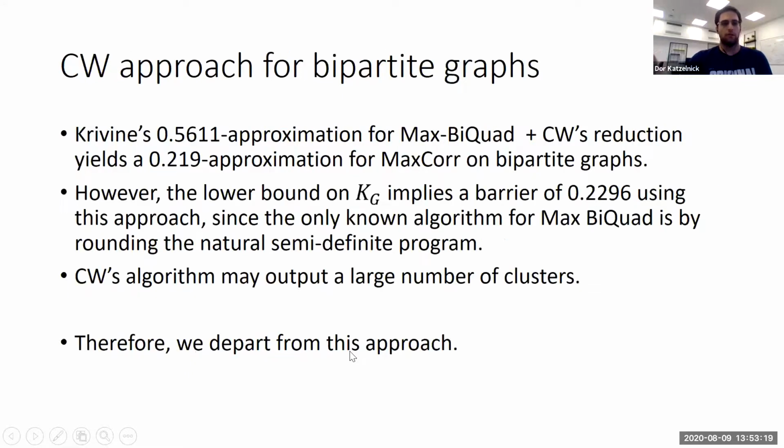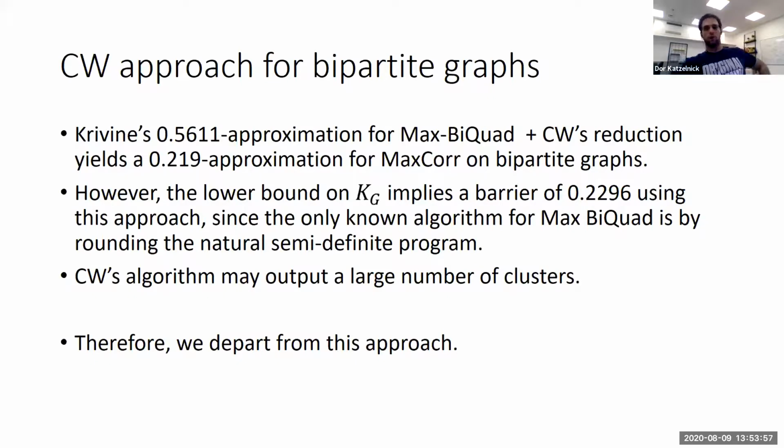Okay, so let's try to use this approach for the problem of MaxCorr on a bipartite graph. So we have Krivine's algorithm for maximizing a bipartite quadratic form that achieves a 0.5611 approximation. And if you use it and the Charikar-Wirth reduction, this will yield a 0.219 approximation for MaxCorr on a bipartite graph. So it's a nice approximation, but we can do better than this.